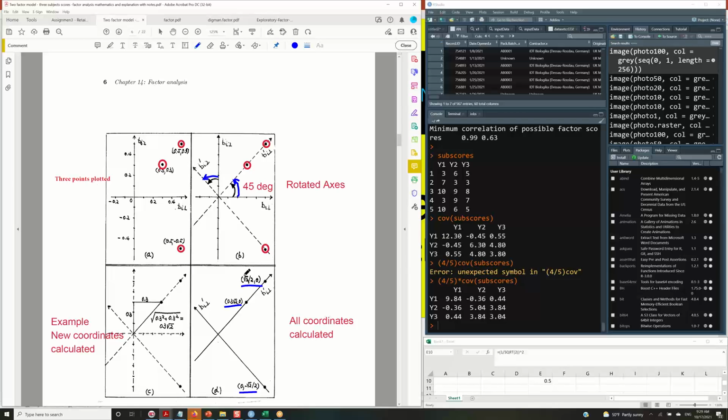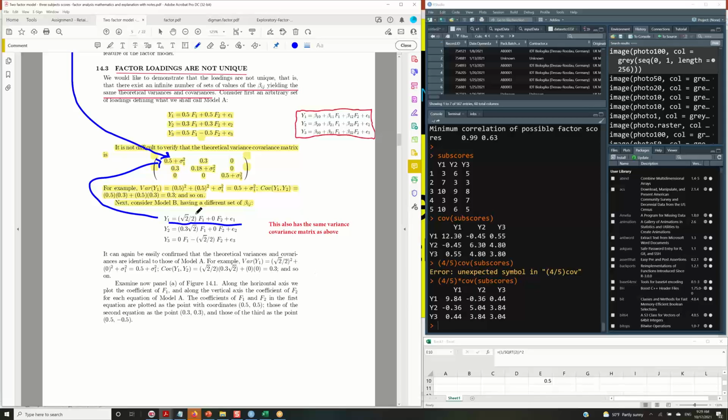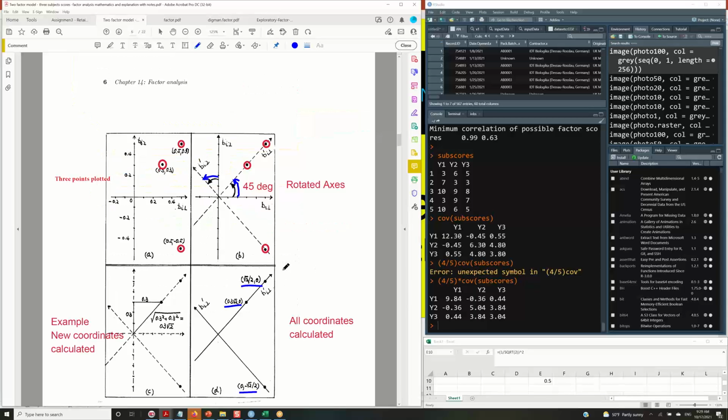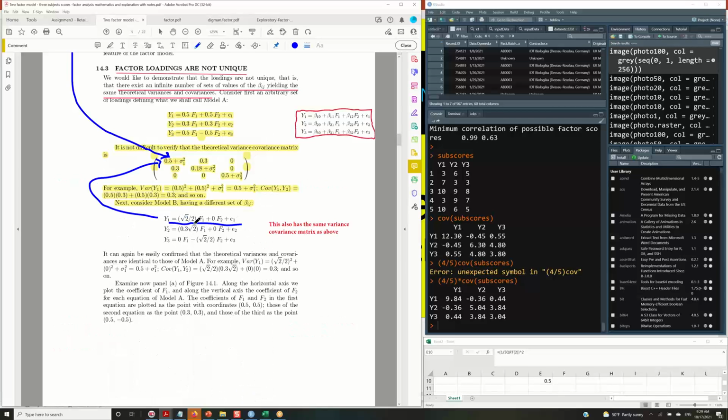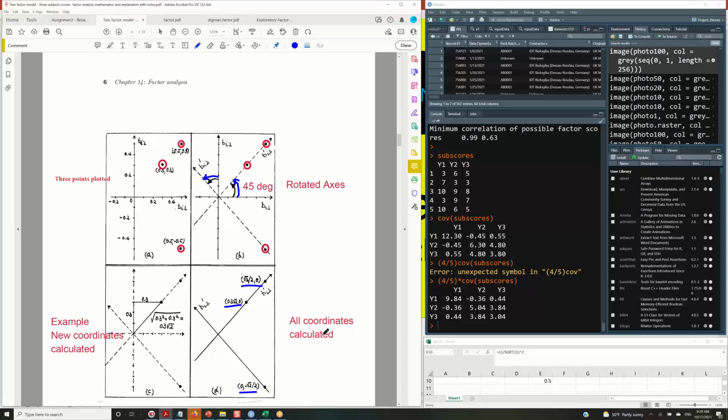In fact, the author didn't just put it there like that. He's a sly guy, right? He knows this is what is going to happen, so he already calculated this and then used it. He is saying that I can have this also as a factor. And indeed it is true. Are you with me?